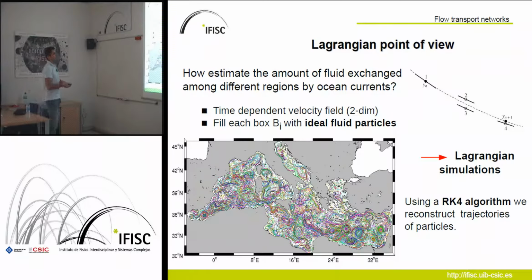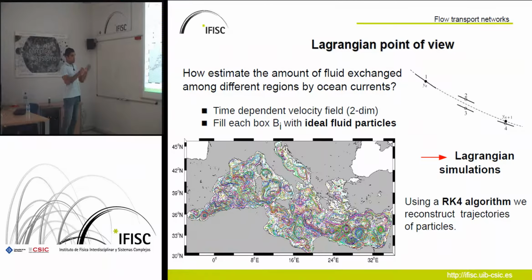To do this, we use a Lagrangian approach. Basically, we need a velocity field in the whole domain under study, in this case a 2-dimensional velocity field, defined for each time of interest. What we do is reconstruct trajectories of ideal particles in the ocean using this velocity field.